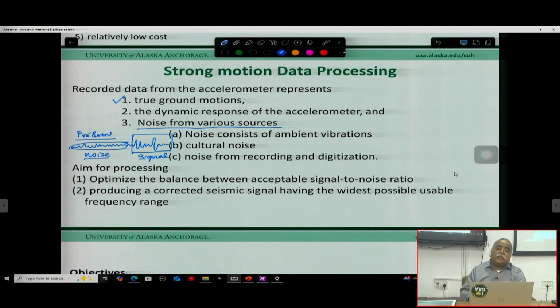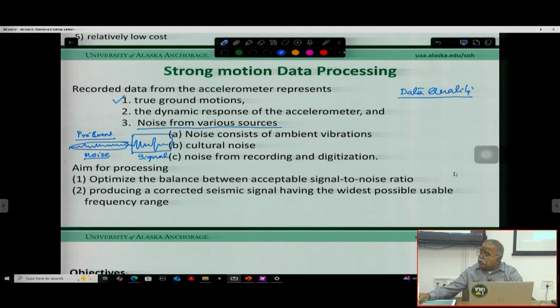So signal to noise ratio improvement is a very important task for getting good quality data. Data quality is basically the signal to noise ratio.